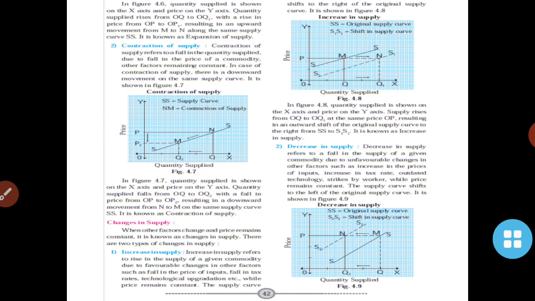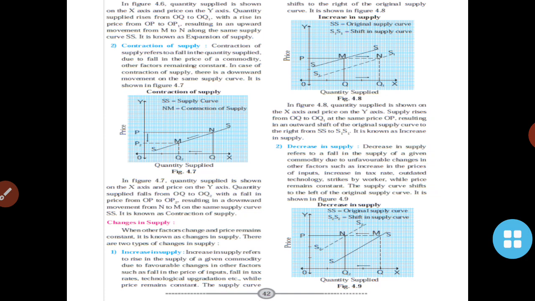So the first point is increase in supply. Now what is the increase in supply? We can say the increase in supply refers to a rise in the supply of a given commodity due to favorable changes in other factors, such as a fall in the price of inputs. The few favorable changes, like we have seen the example of earthquake, the example of flood.